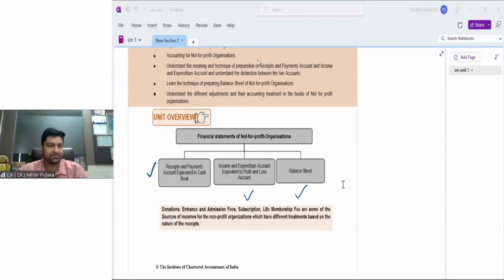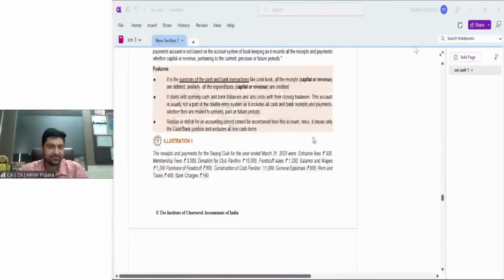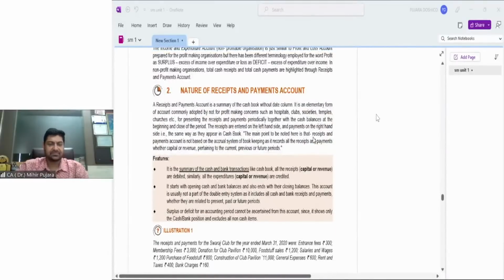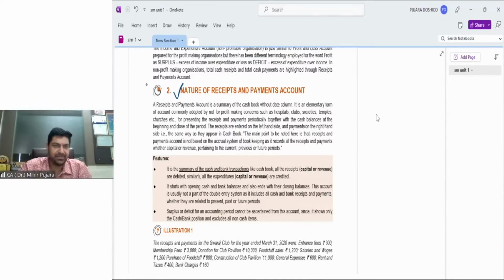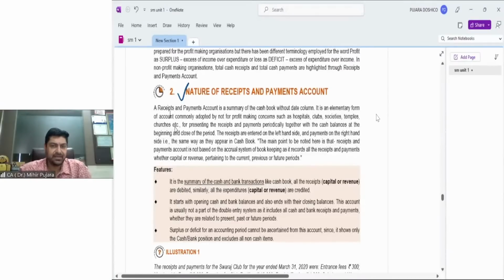Let's start with the first. What is RNP? It is same as cash book. It is a summary of cash book without date column. Without date column. So guys, important point to be noted.